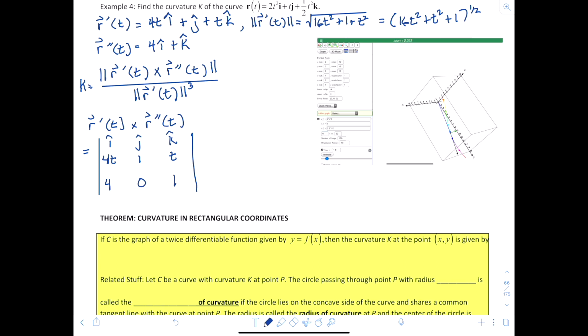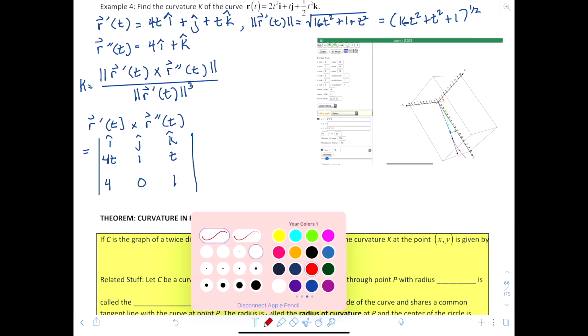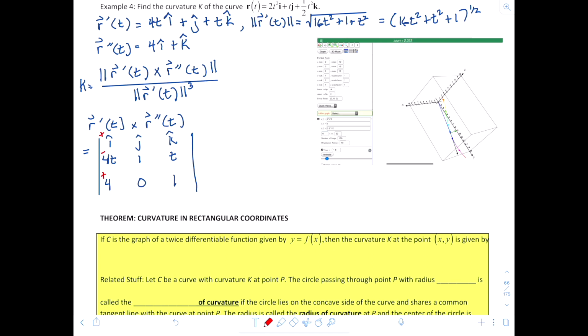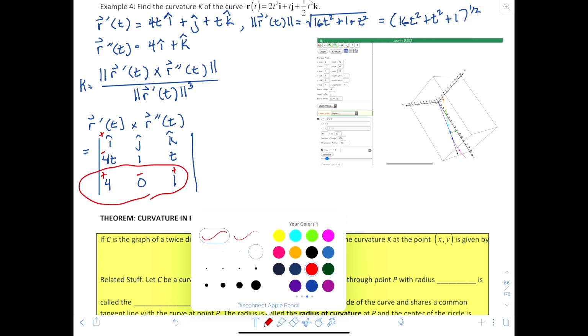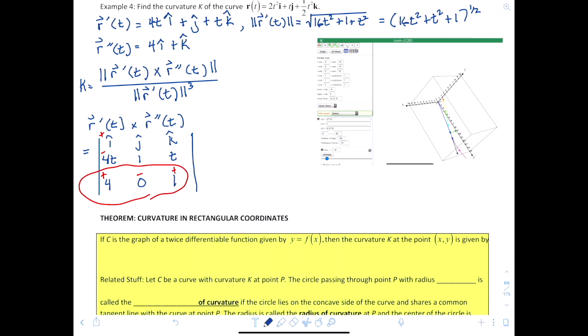So I'm going to expand about the one that has the 0. So this would be plus, minus, plus, minus, plus. So we're going to expand about this row. So we will get 4 times the determinant of j, k, 1, and t.